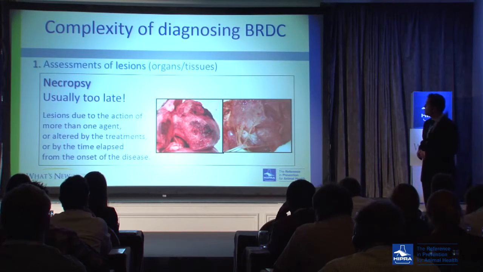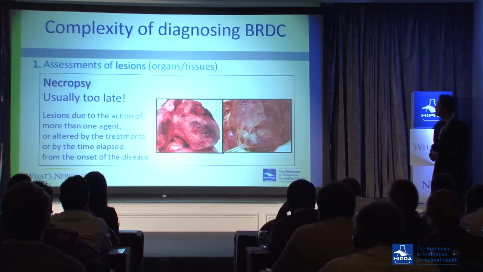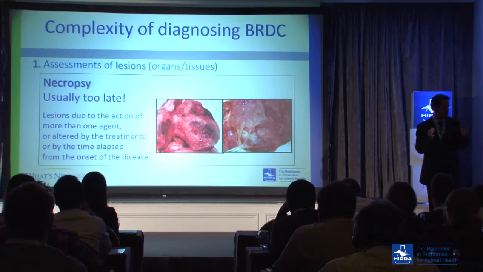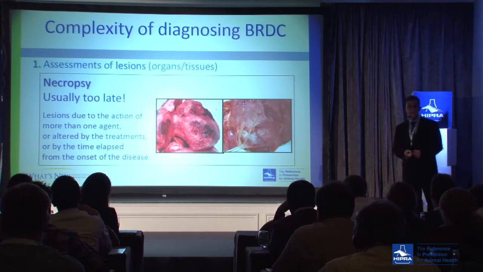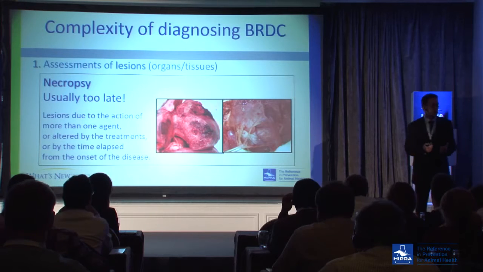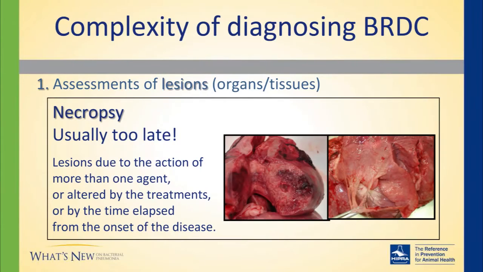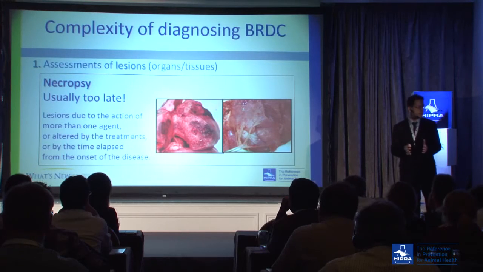So focusing a little bit more on the assessment of lesions, which is basically a necropsy. When you have a lung coming into the laboratory, it's usually too late. If you have the lung of an animal, it's because the animal is dead. So you already have mortality because of BRD. So that's probably too late.